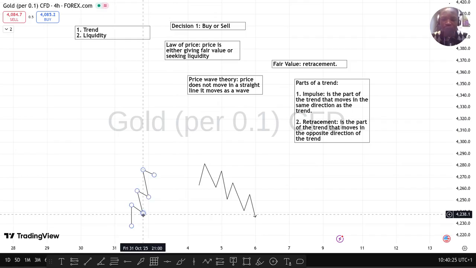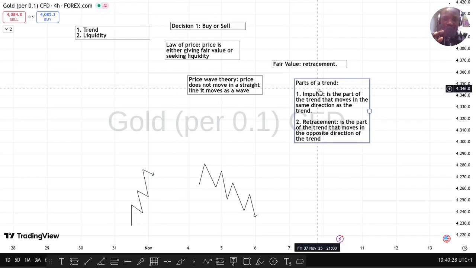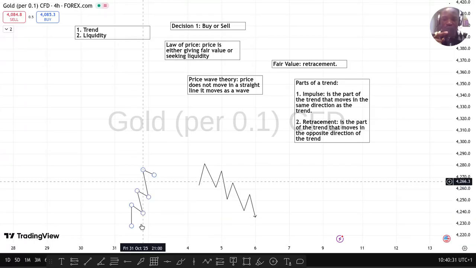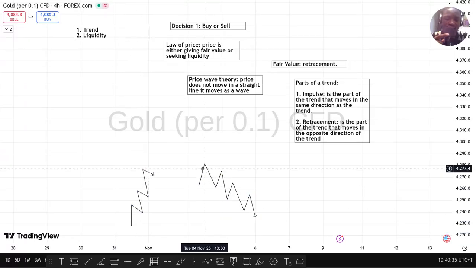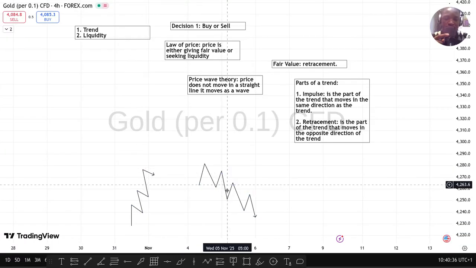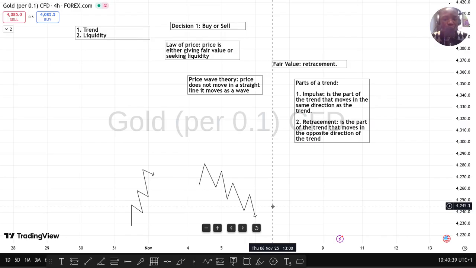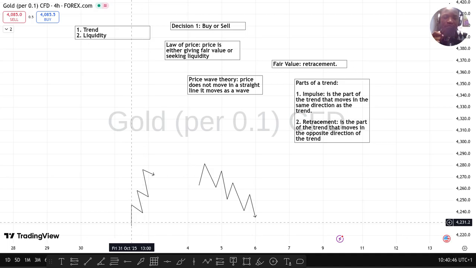And so I said that there are two parts of a trend: the impulse and then the retracement. Now this is an uptrend here. You can see that overall the market is moving upward, and then this is a downtrend. Even though we are having both buying and selling happening, you notice that overall the market is moving lower and lower and lower. That's how we spot trends, right? But there are two parts to a trend: the impulse and the retracement.